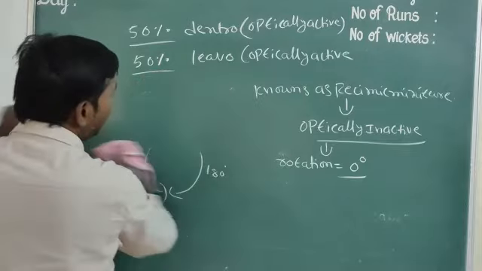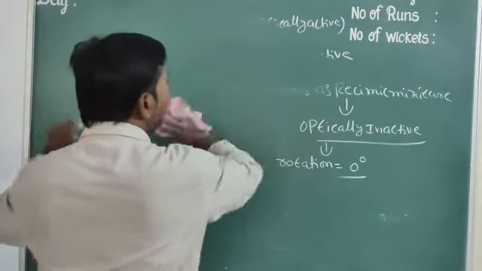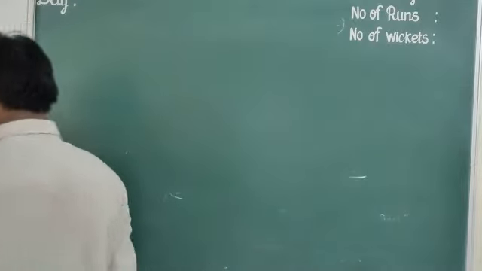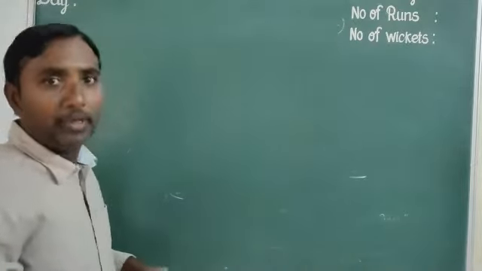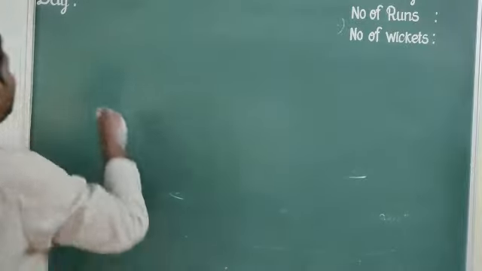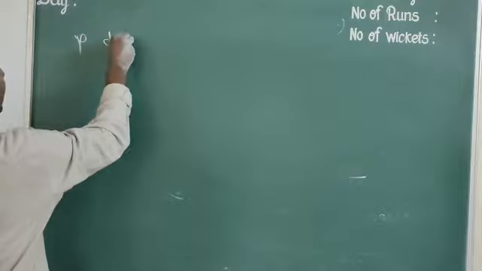Rotation becomes 0. Then another point: in the SN1 reaction, dextro and levo formation means dextro and levo are enantiomers of one another. Important point.